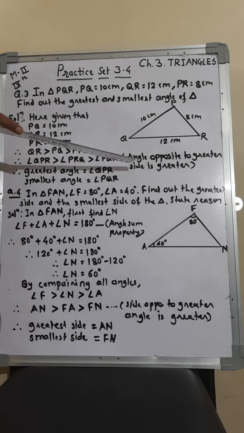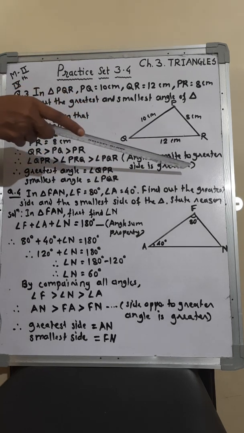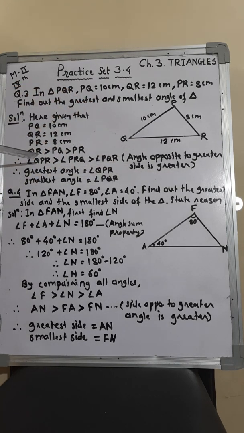You have to write here the reason: angle opposite to the greater side is greater. Therefore which angle is greatest? The greatest angle is angle QPR. And which is the smallest angle? The smallest angle is angle PQR. In this way you solve this problem.